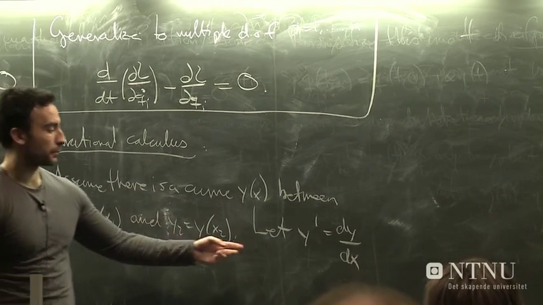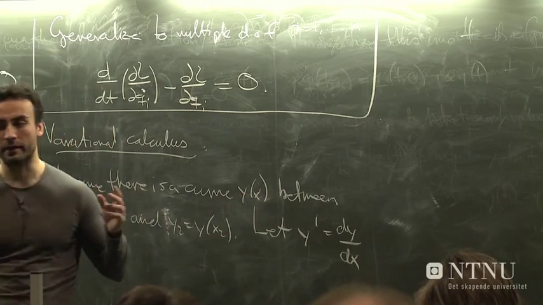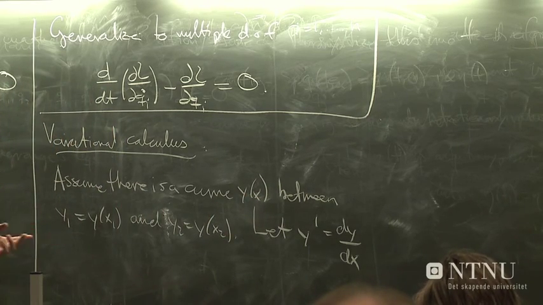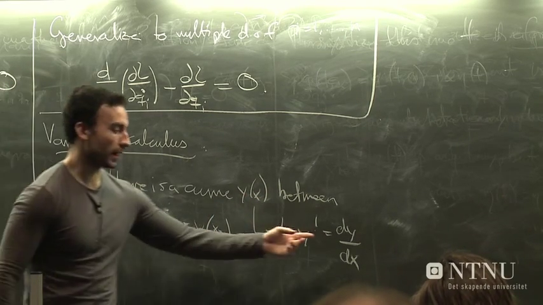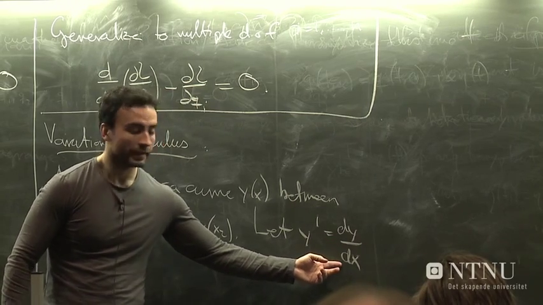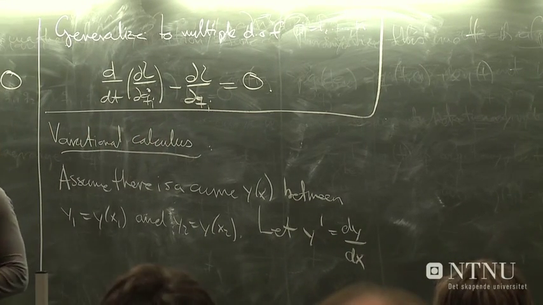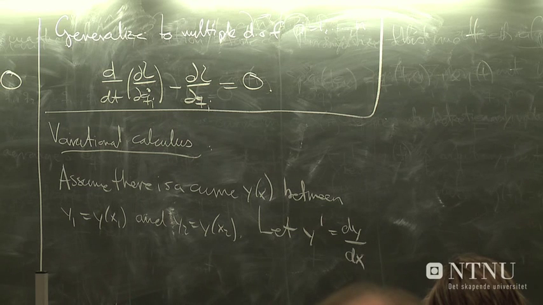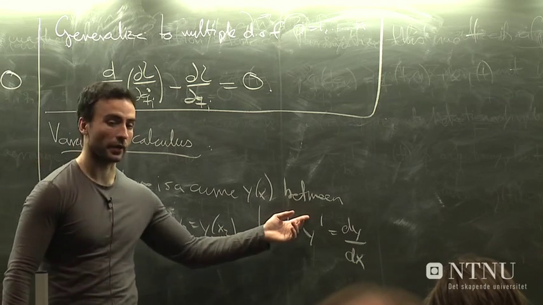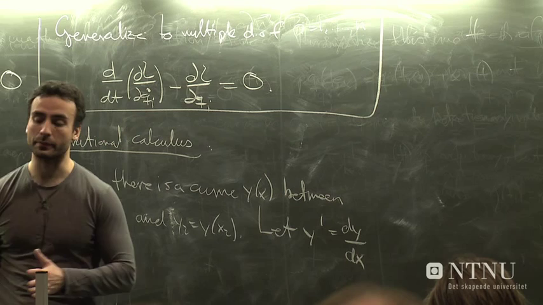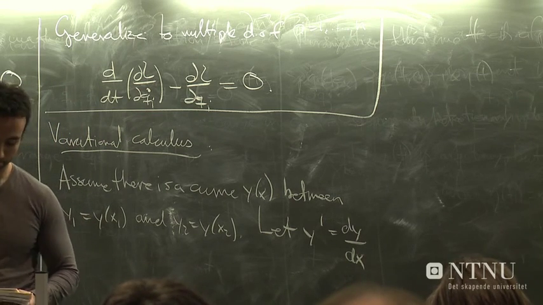And let y prime denote the derivative of y with respect to x. So note that I'm not using dot. I'm not writing y dot is equal to dy dx, because I would like to reserve dot only for time derivation. So for spatial derivation, you can use prime, and then dot for time derivation to keep the two separate.